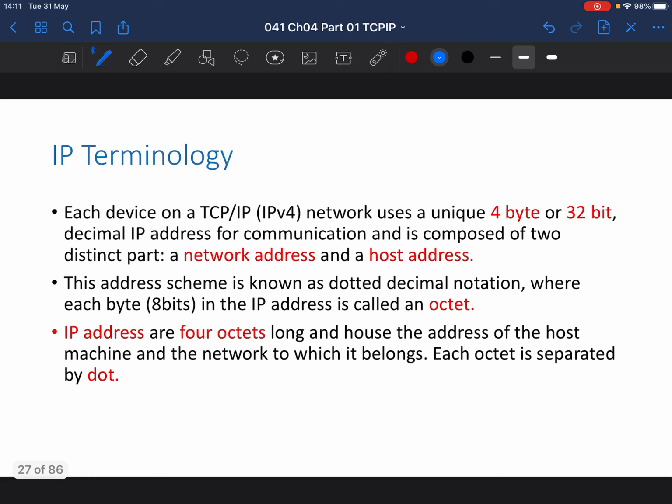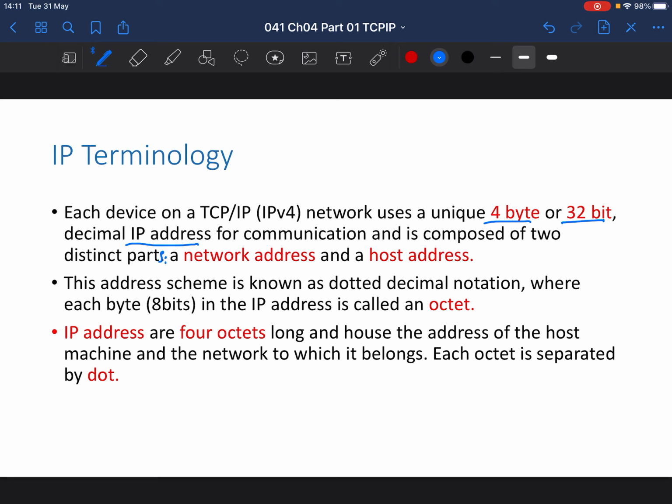IP terminology. Each device on a TCP/IP IPv4 network uses a unique 4 byte or 32 bit decimal IP address for communication, and it is composed of two distinct parts.